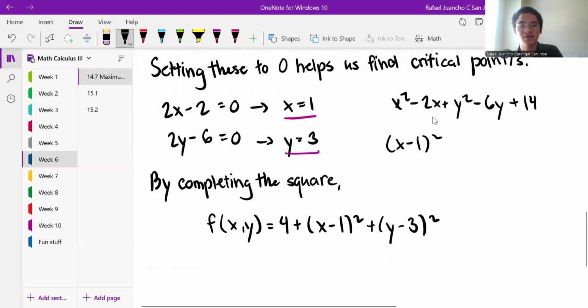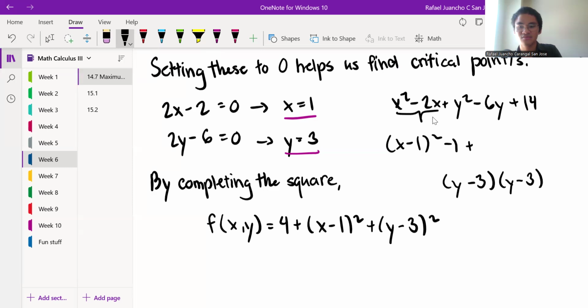So this was a minus 1. So this thing is that. And then I added to, again, well, this is y minus 3. And I think this one gives me minus 6y plus 9.